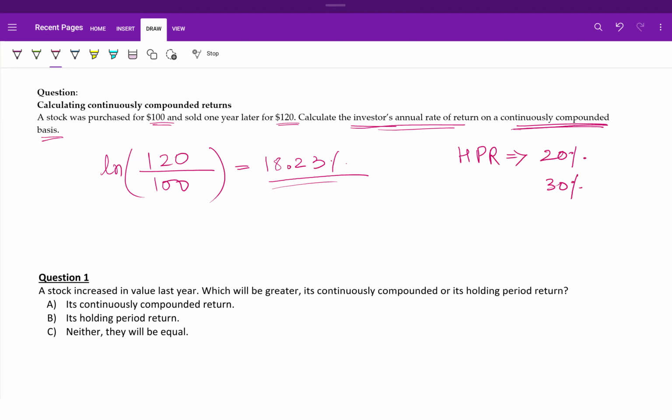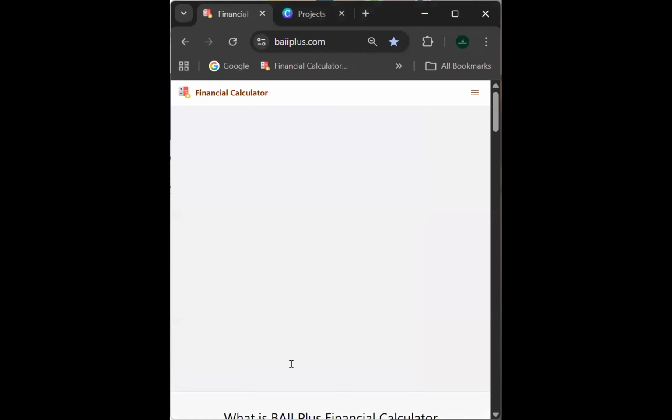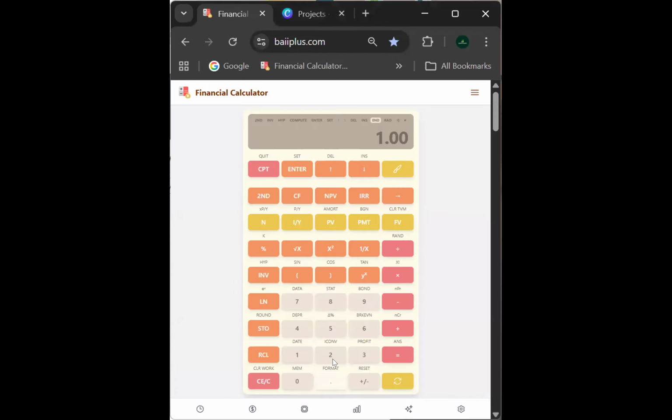Simply, we go to our calculator. We add 1 plus 0.2 if the return is 20%. Click on ln, and it's going to give us 0.18. We multiply this by 100, and this is going to give us 18.23 if the return is 20%.